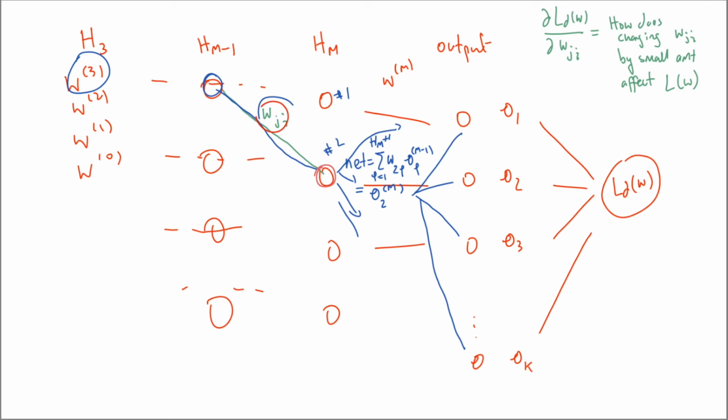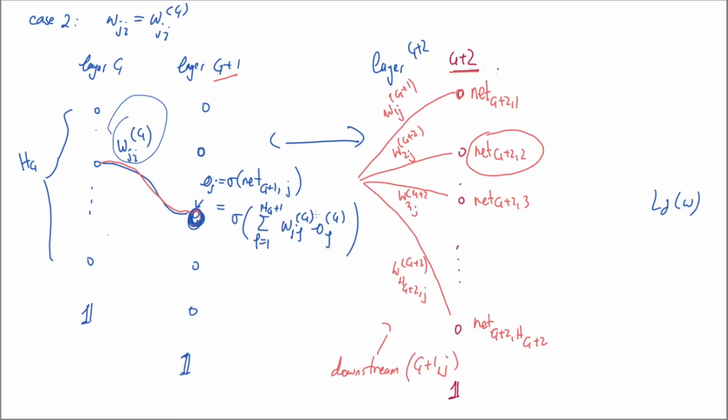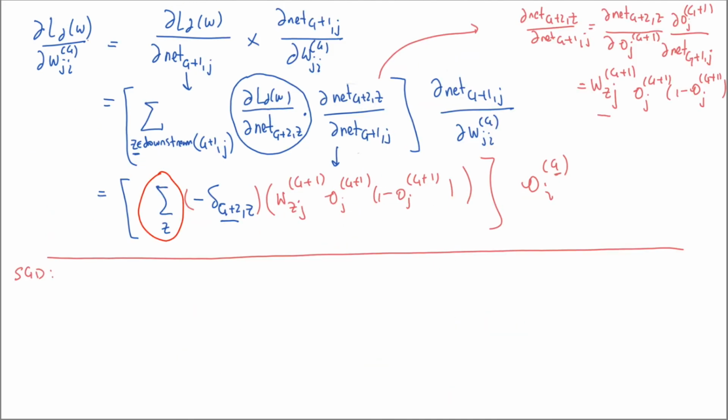We formalized it in this picture, where this weight goes into this net computation, and this net computation goes into all future nodes. In general, it goes into its downstream, so anything it touches. So we can compute the derivative by looking at the weighted effect it has on all these nodes. That's how to explain this summation term in the derivative computation.